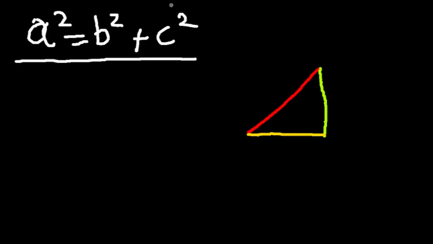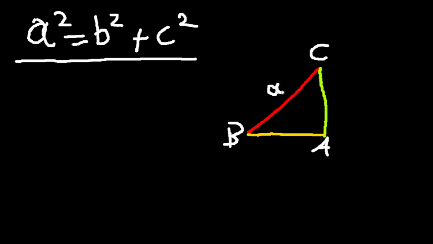Now how do we use it exactly, and what are these signs representative of, right? So I'm going to name this triangle A B C. Now usually the way we name each side is we take the letter that is opposite of the side, and then we just lowercase that.